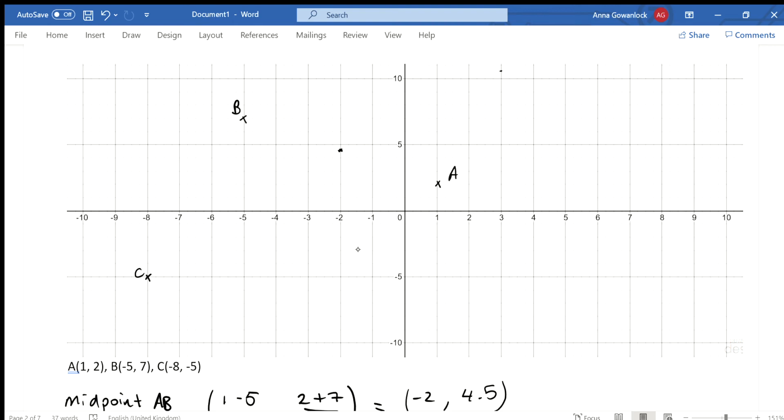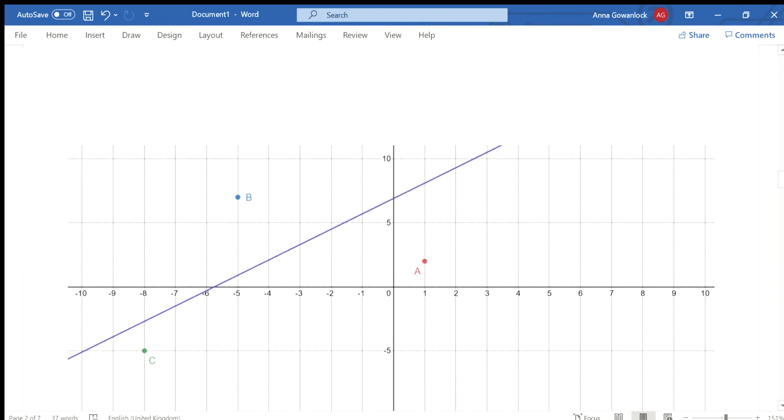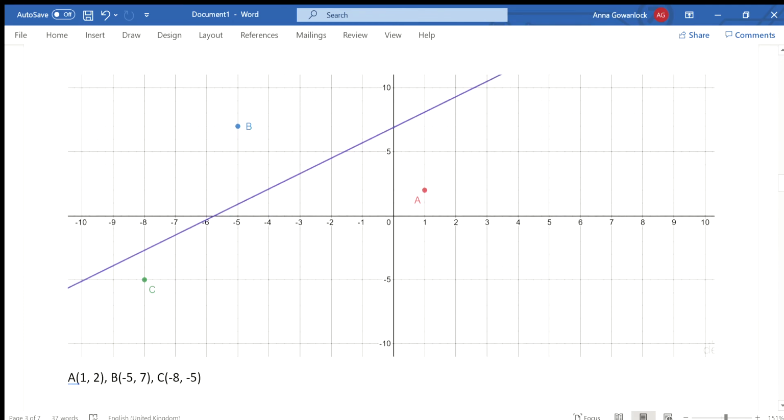And I can go the other way. 1, 2, 3, 4, 5. 1, 2, 3, 4, 5, 6. And then I can join those 3 with a line. And instead of you having to tolerate my terrible drawing, I've drawn a line here. So that's the line that we just spoke about.